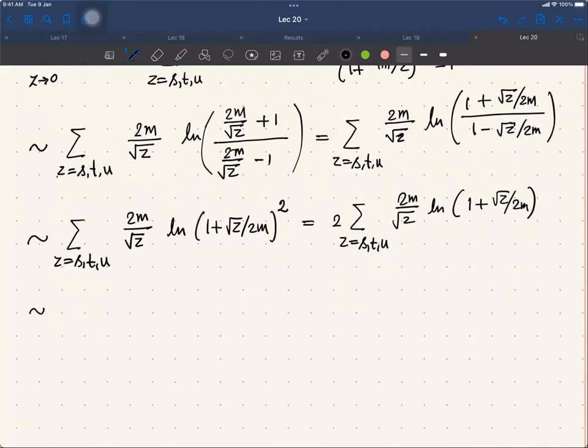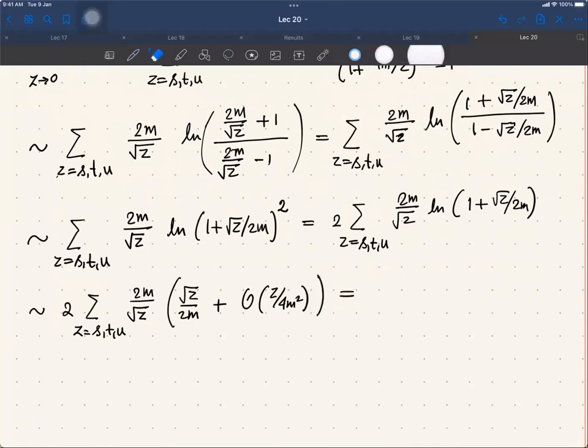So that gives you 2 times the sum over z equals stu of twice m over root z times root z over twice m plus order z by 4m squared. And those are going to go to 0.